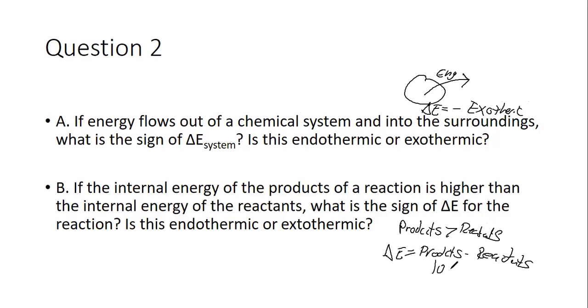If the product is 100 and the reactants were 50, delta E is positive. And if delta E is positive, that means I'm taking in energy, so that's an endothermic process. So yes, positive and endothermic as well. Questions about that idea?